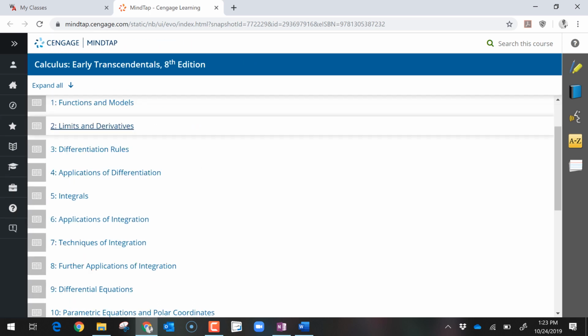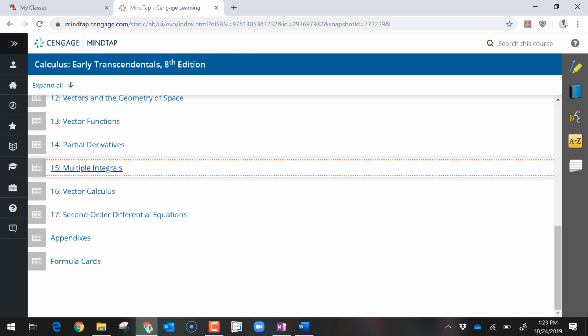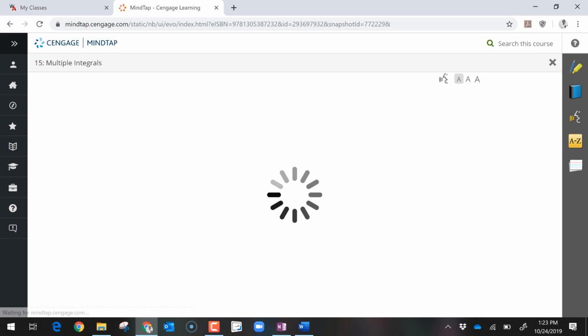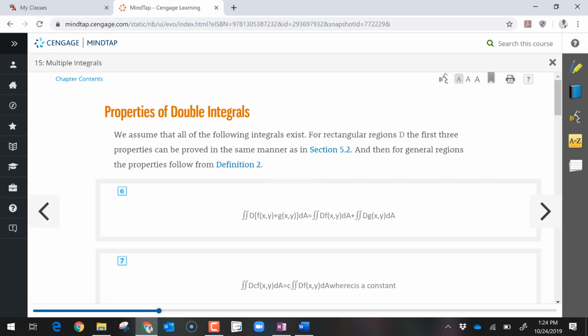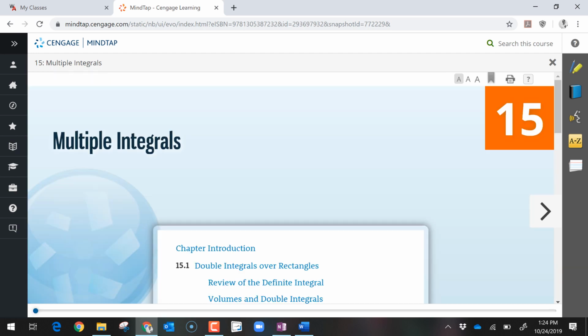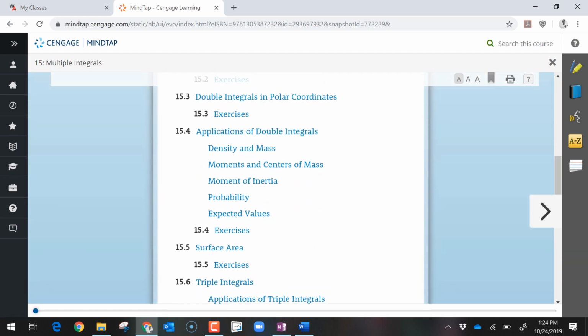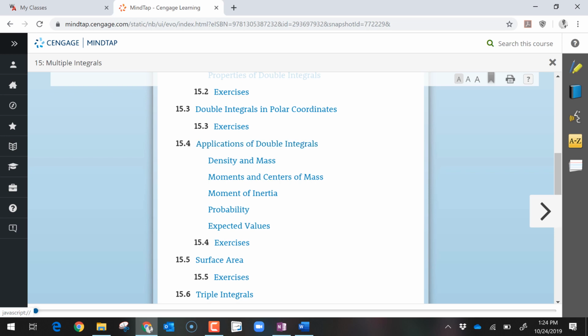So chapter 15, right? We're on chapter 15. This is section 15.3.